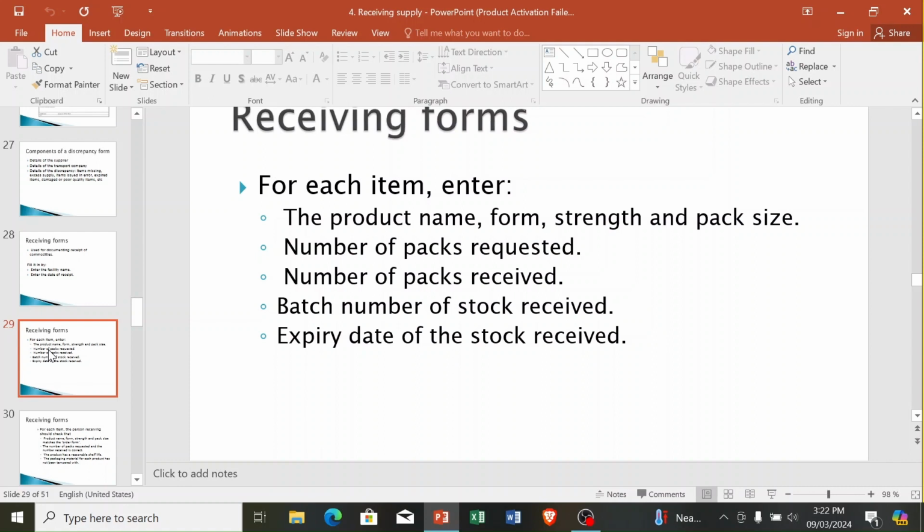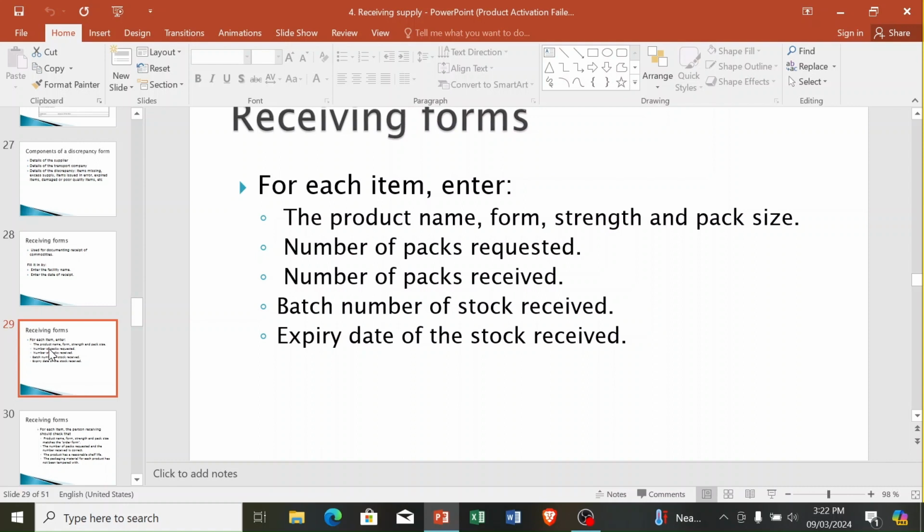Strength is like the grams if they are solids, and then milligrams, still for solids, and then milliliters for liquids. So solids and even creams, we can measure them in grams, by the way.